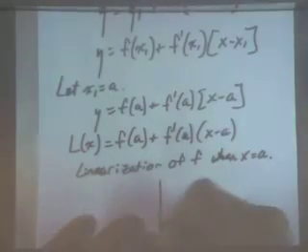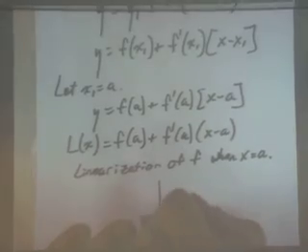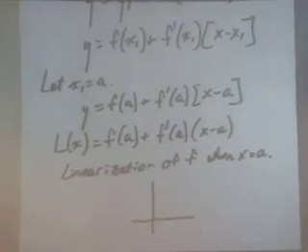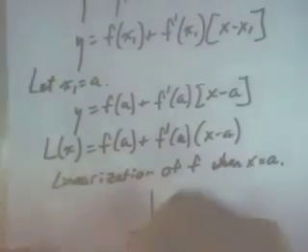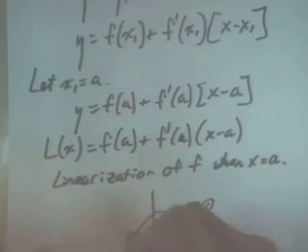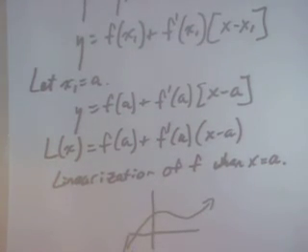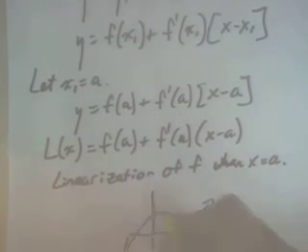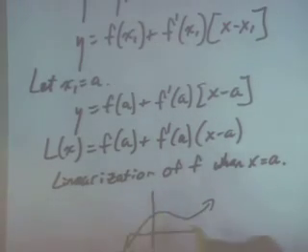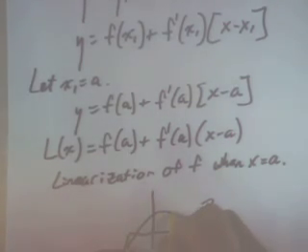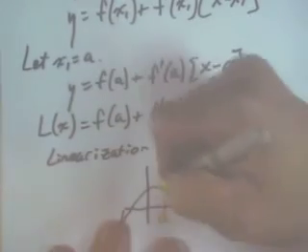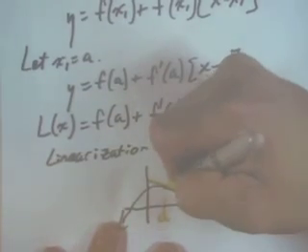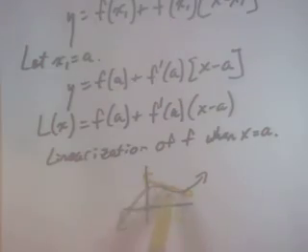So let's say you're looking at some function running around doing whatever it wants to do, but you find the tangent line at some value. Let's find this tangent line at a. Well, we see that the tangent line hugs the curve for a small little interval.